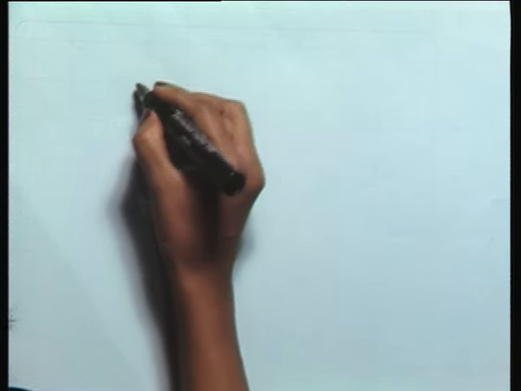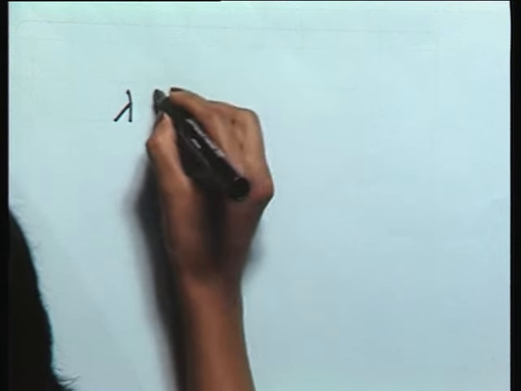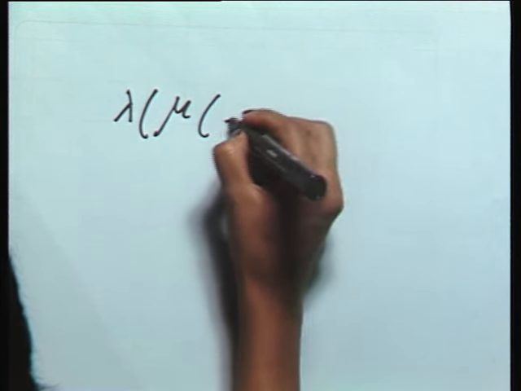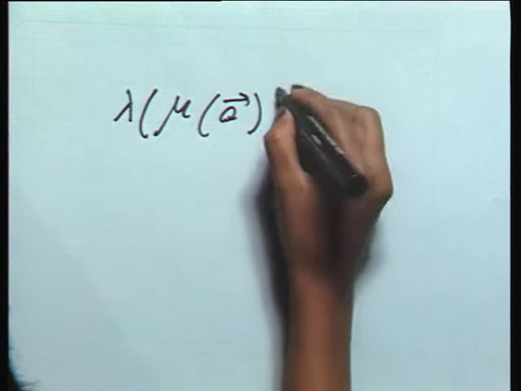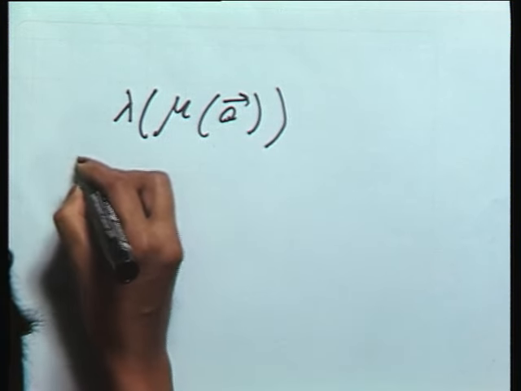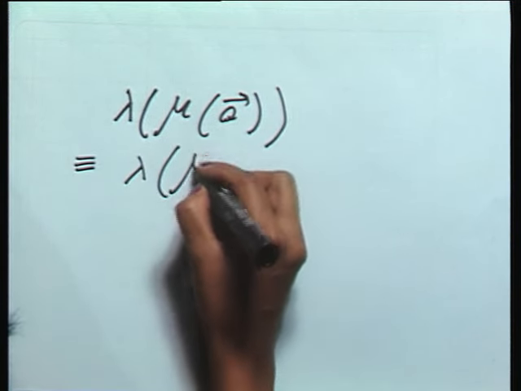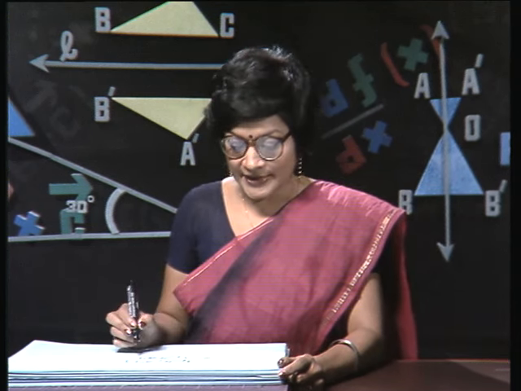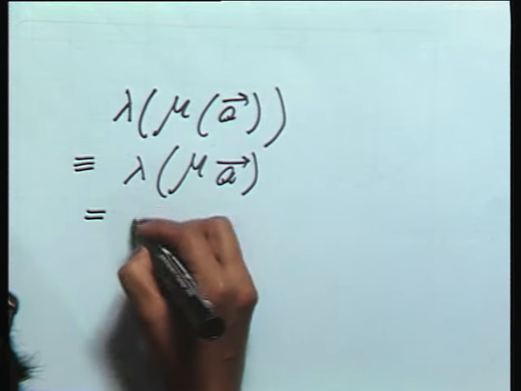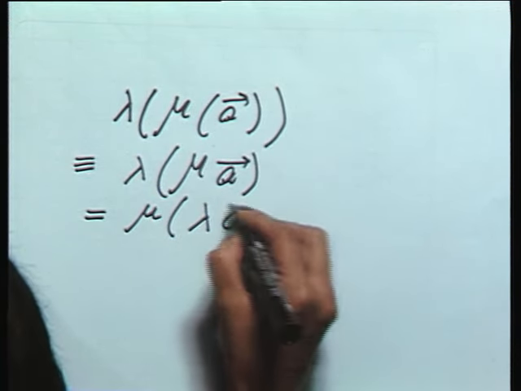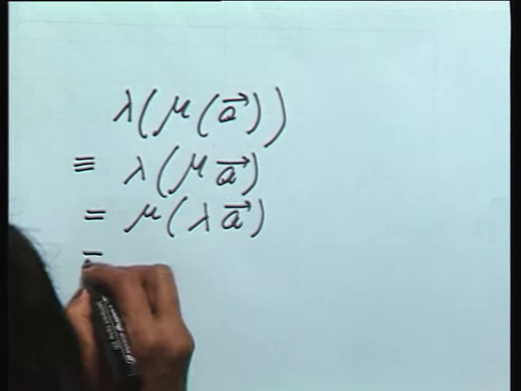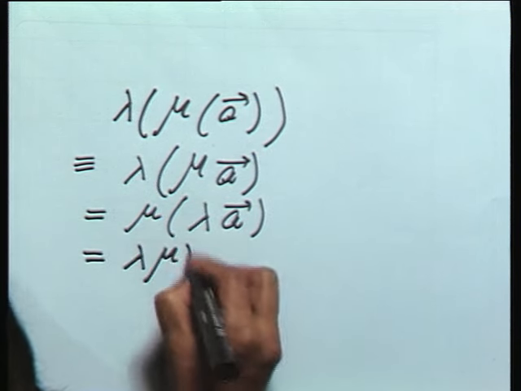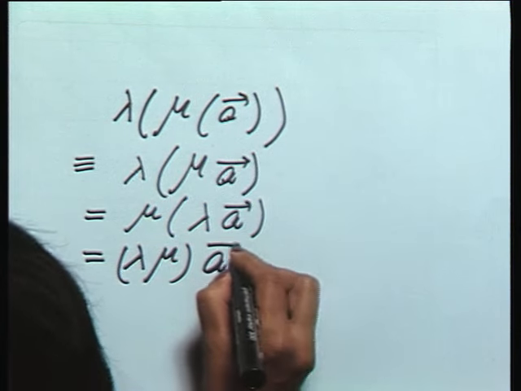I have a little exercise for you now. Suppose you have two scalars lambda and mu. Rather, I leave out the middle bracket, so this can be written as lambda mu A. Can you prove that lambda of mu A is equal to mu of lambda A, and both are equal to lambda mu, the scalar, multiplied by A?